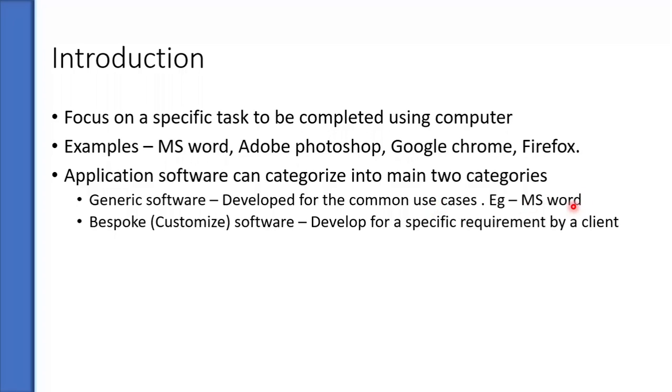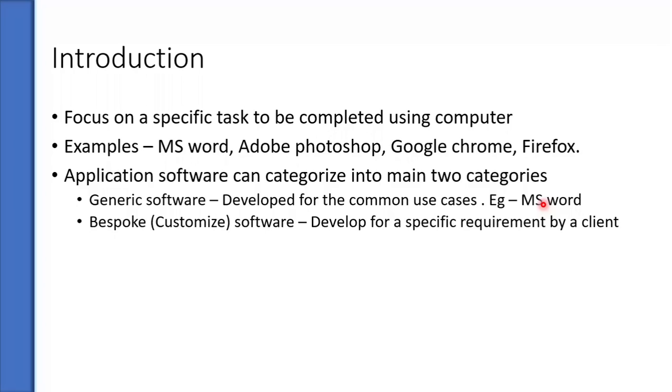An example is Microsoft Word. Microsoft Word was not developed for a specific person, but for a large scale of users. That means for everyone who needs a word processor, everyone needs some sort of word processing activity, Microsoft Word supports that. Microsoft Corporation is targeting everyone, not a specific person.